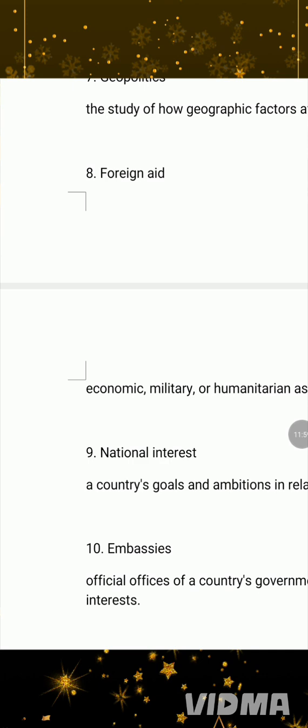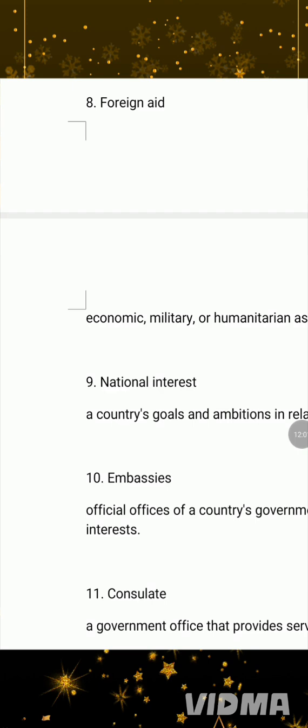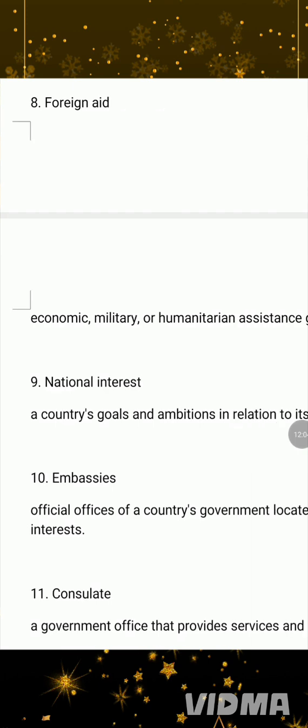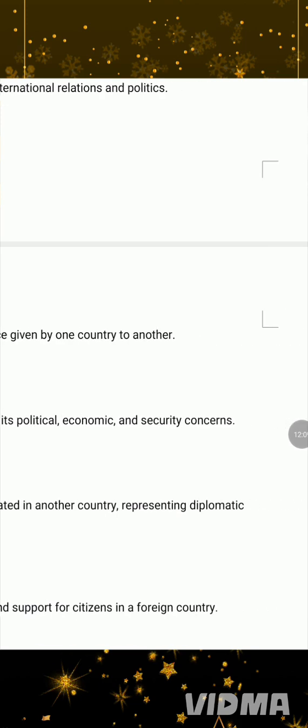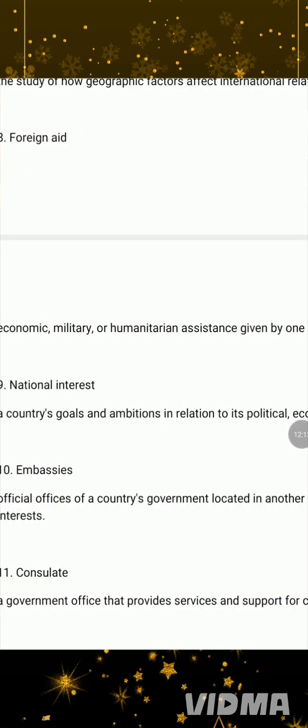So the final point for today is embassies, which are official offices of a country's government located in another country representing diplomatic interest. I understand that an embassy is a building that houses representatives, diplomats, and ambassadors of a state in another state. So it simply means where an ambassador stays, and also the officials that work with the ambassador, is called an embassy.